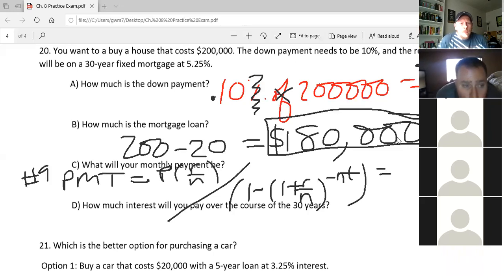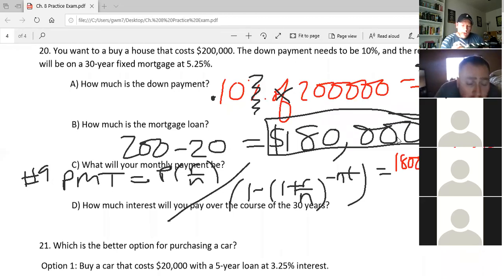So the P here, the principal of this loan, is the amount of the loan, the $180,000. The rate was 5.25%, so I'll change that to a decimal.